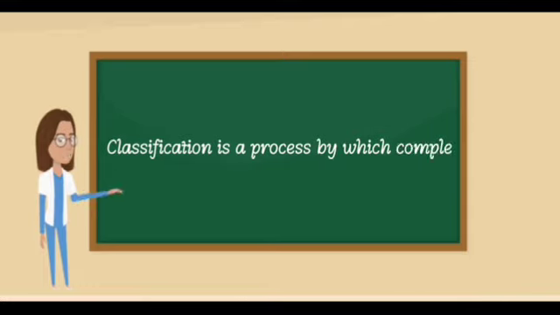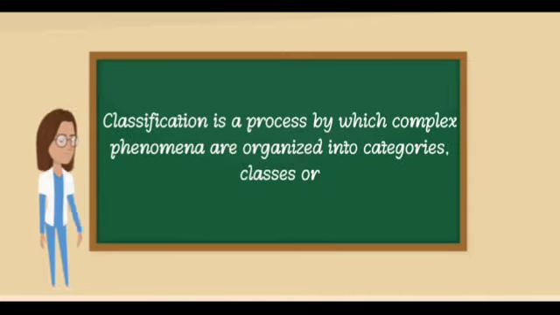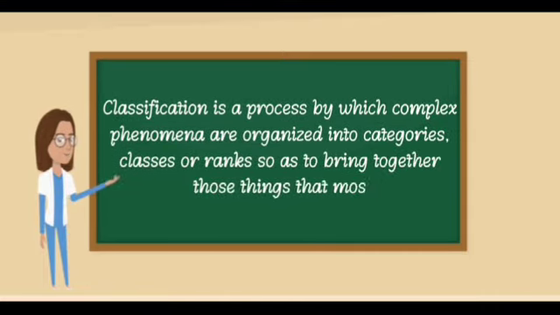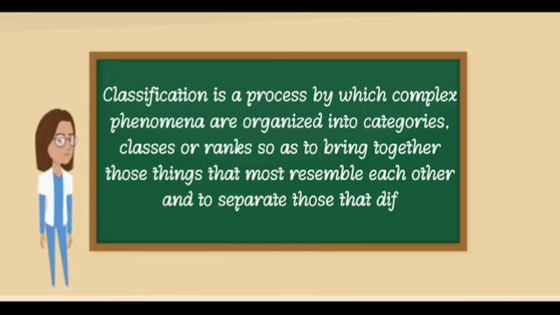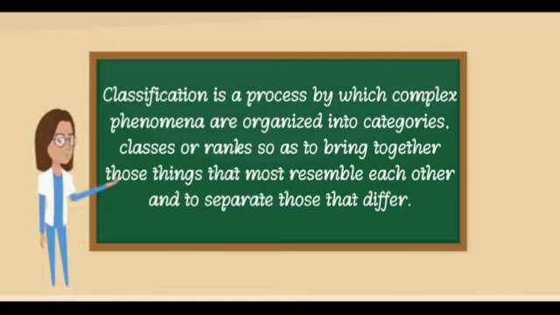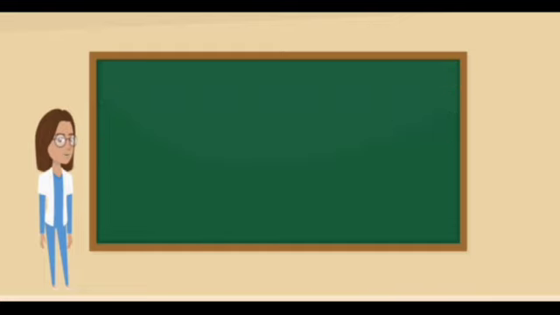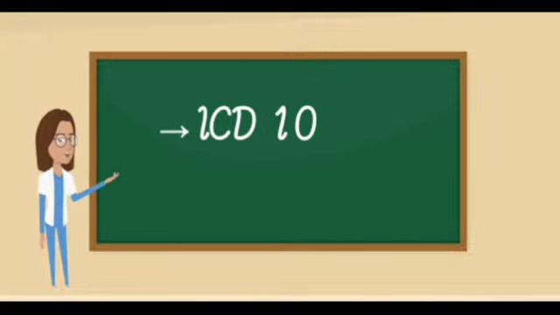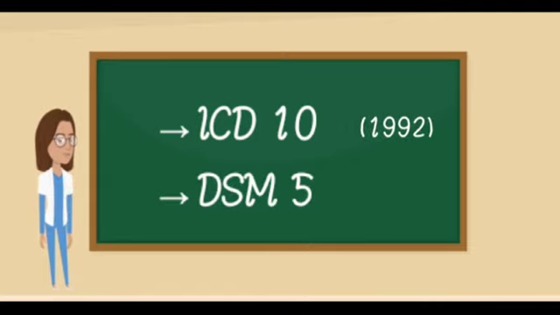Classification is a process by which complex phenomena are organized into categories, classes, or ranks, so as to bring together those things that most resemble each other and to separate those that differ. And now, at present, there are two major classifications in psychiatry, namely ICD-10, which was published in 1992, and DSM-5, which was published in 2013.